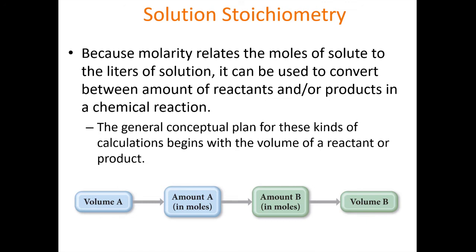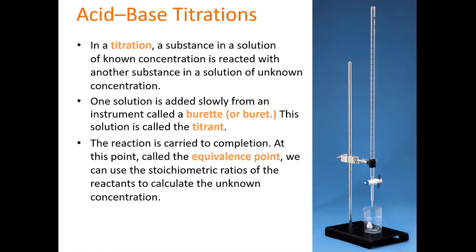And then, of course, if the reactant B was present also in a solution, I can calculate how many milliliters of that would have been needed. So in the case of acid-base reactions, we're going to take advantage of this. And what we're going to do is a technique called a titration. In a titration, you have a substance in a solution of known concentration, and you react it with another substance in solution of unknown concentration.